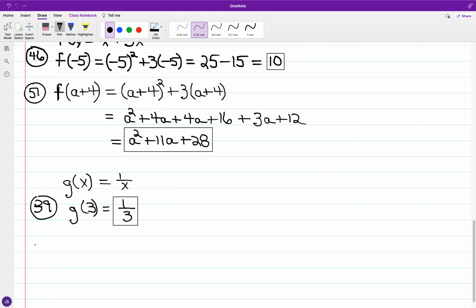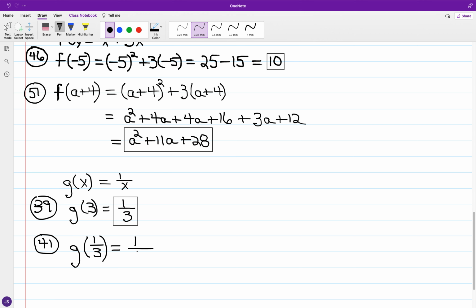And for case number 41, let's say you have the input to not be 3 but instead the reciprocal of 3. Well, we got the reciprocal function, so I'm taking the reciprocal of the input regardless of whether the input is a whole number or a fraction.